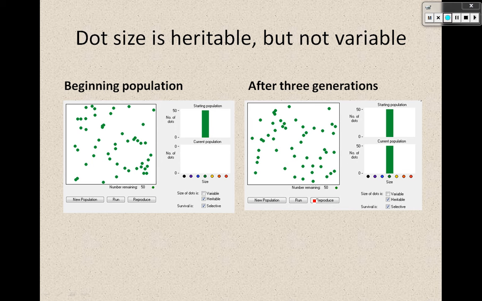And so in order to see, again, a shift in a population around a certain trait, around dot size, this might be different if something else were variable, but we're looking specifically around dot size. In order to see a shift in population around dot size, you need to have some variation in the dot size.